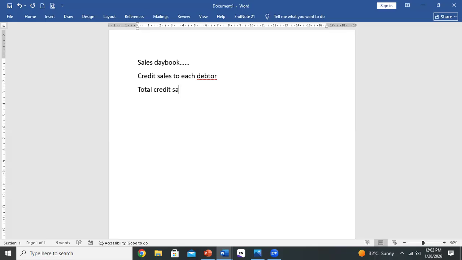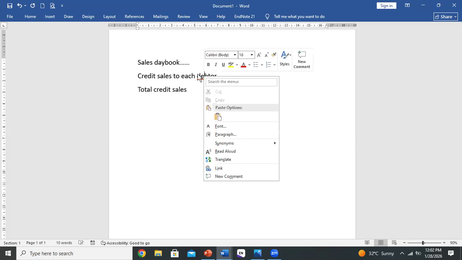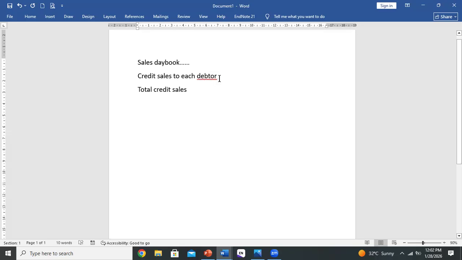The credit sales to individual debtors, you post them to the sales ledger. When you open the sales ledger, you have accounts for Kofi, Ama, Esi, all your debtors who are in your sales table.